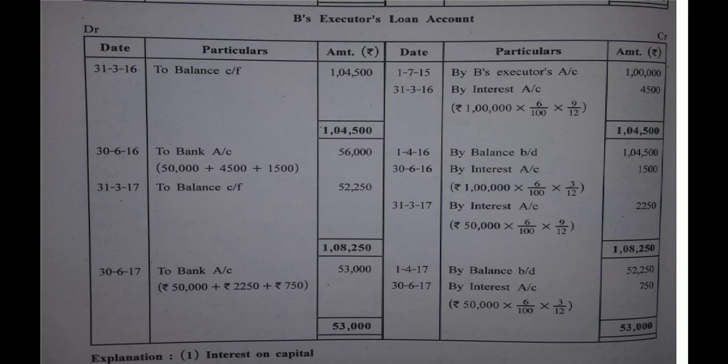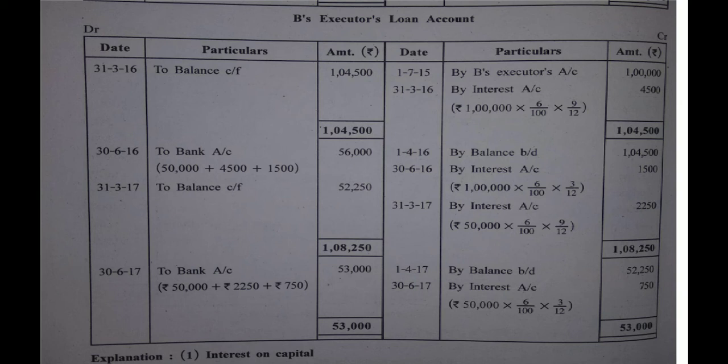Alright, this is how you prepare a loan account of an executor. Let us quickly revise what we have done. The balance of loan was rupees 1 lakh. We have to pay this balance in 2 equal installments with 6% rate of interest per annum. Yes. So the date of loan is what?